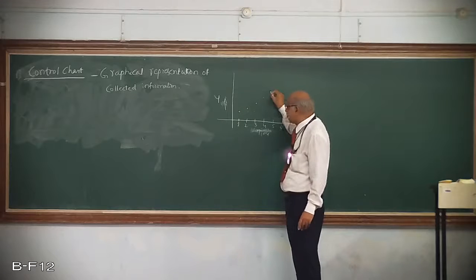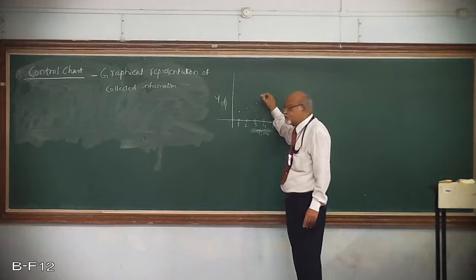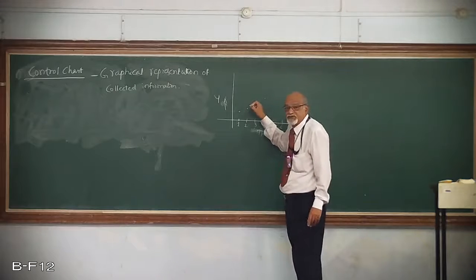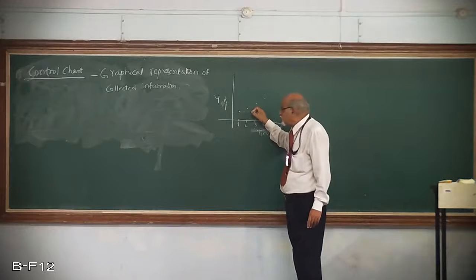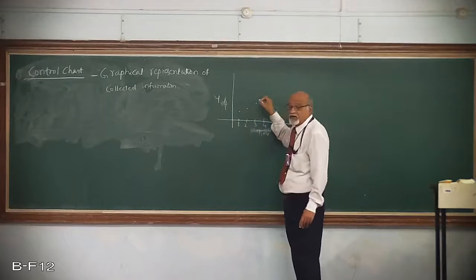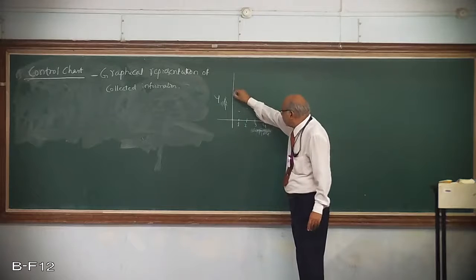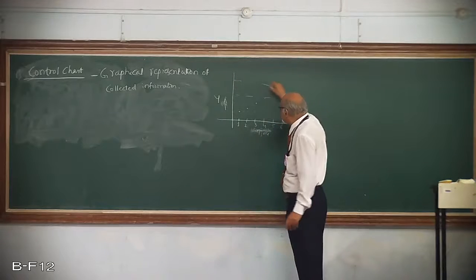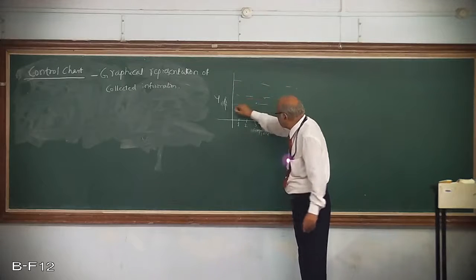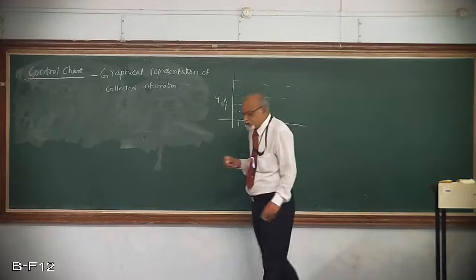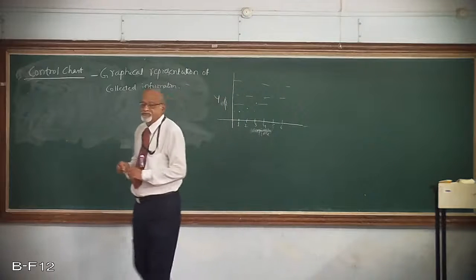So I know there is something wrong. I'll try to stop the process and try to investigate. And up till what limit I can allow it? That is what I need to fix the limit. This limit, or this limit, like that. Those limits are to be fixed.